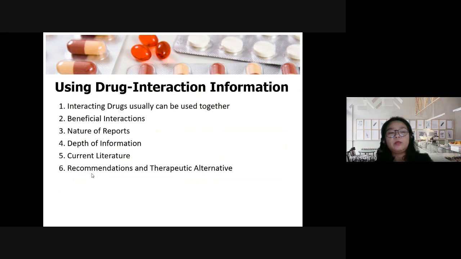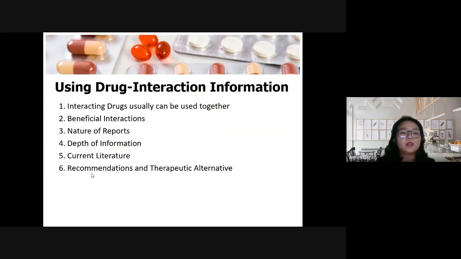So, meaning to say, sometimes there are two drugs that are taken together and then the other drug will prolong the effectivity of the other drug. Okay? So, it's beneficial. Siyempre, for example, talagang kailangan mong pahabain yung effect ni drug. So, that's beneficial. However, in some instances, if you want it to be excreted from the body, of course, iiwasan mo yung interaction na yun.